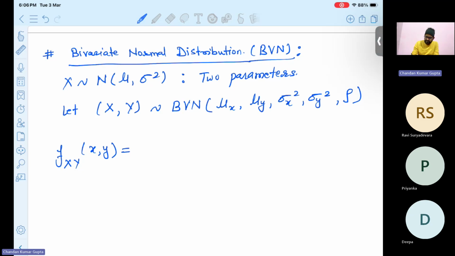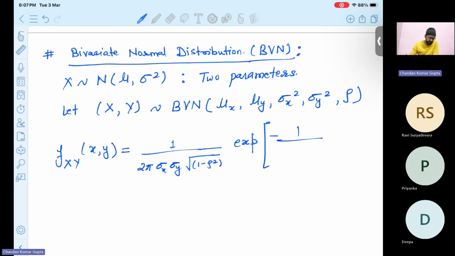So the PDF is 1 upon 2 pi sigma x sigma y under root of 1 minus rho square. This is the constant term. Now we have the exponential term. In the exponential, the first part is minus 1 upon 2(1 minus rho square).